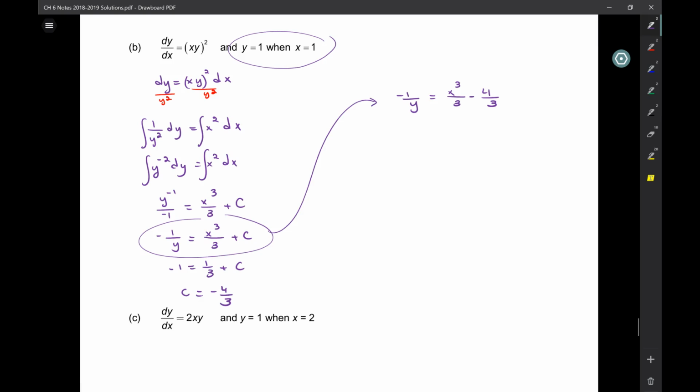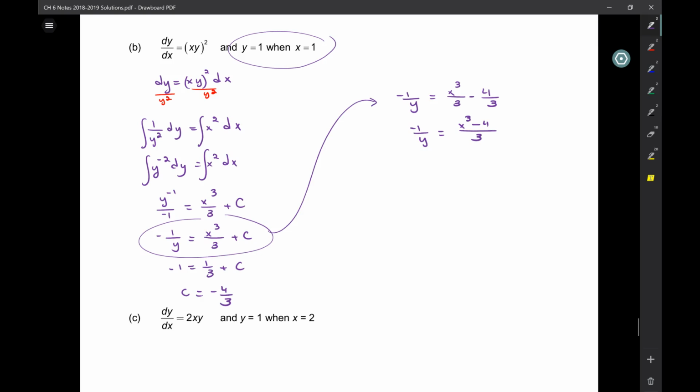Now, let's just get rid of that negative. Let me see, do I want to get rid of the negative? Let's not. That's it right there. How do you solve for y? You flip it, right? You don't cross multiply. Because this is -1/y equals x cubed minus 4 over 3.